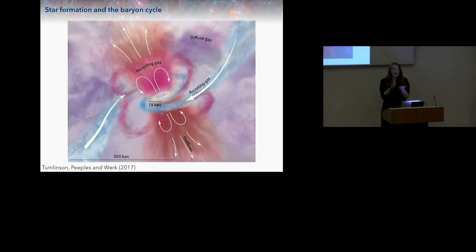Now, if I go back to this, as I told you in the previous slide, we have this combined effect of how much gas you have and how efficiently you turn the gas into stars. And all of that combined shapes the galaxy population. How much gas you have comes from where you are in the cosmic web, how much gas you can bring in along these filaments. So that's determined on very, very large scales. How efficiently you convert the gas into stars is determined on very small scales, right?